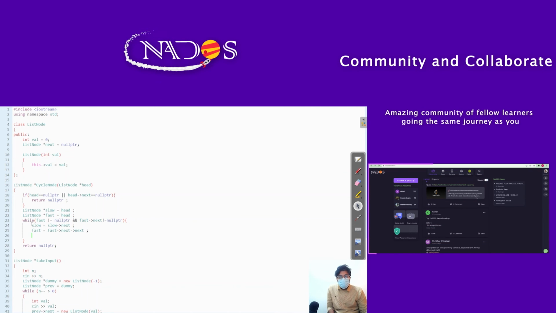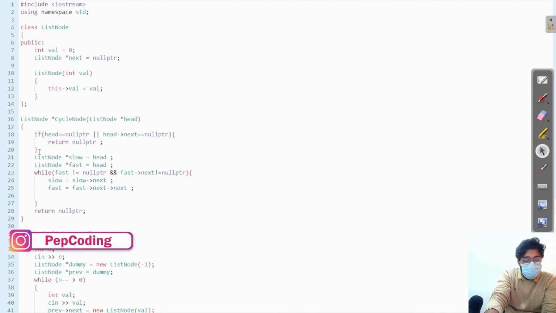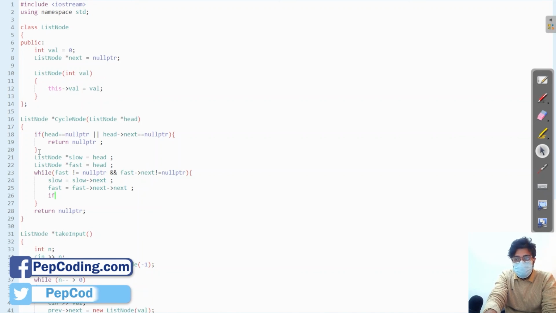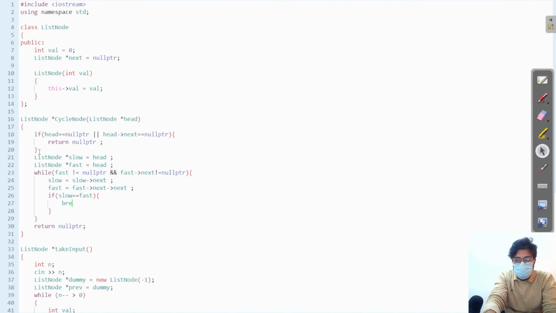This loop will detect whether any cycle is possible or not. So we initialize slow and fast, and then we move fast with 2 times the speed of slow, right? And if anywhere slow is equal to fast, if they meet, they will break.